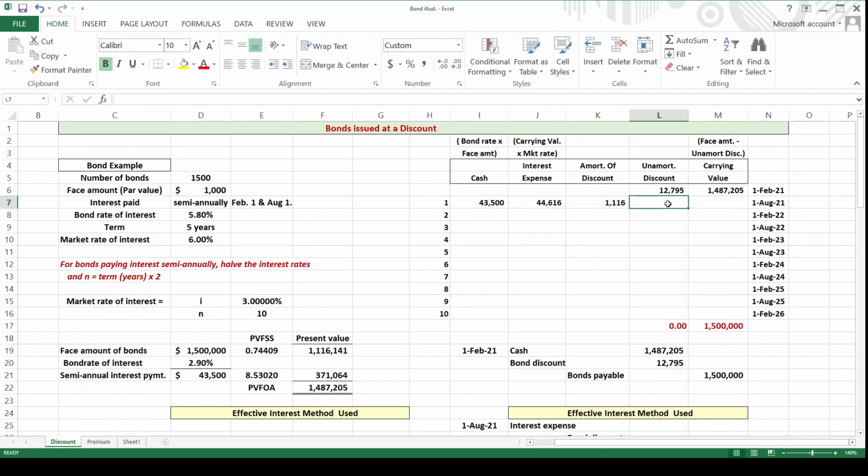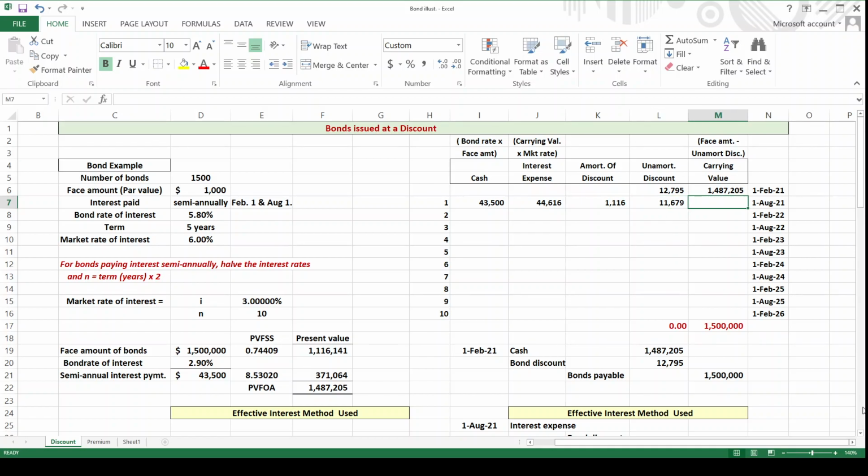So I'm going to take the 12,795 and subtract 1116. I get 11,679. What happens to the carrying value? Well, if the carrying value is the face amount minus the unamortized discount, and the unamortized discount just decreased, your carrying value is going up.